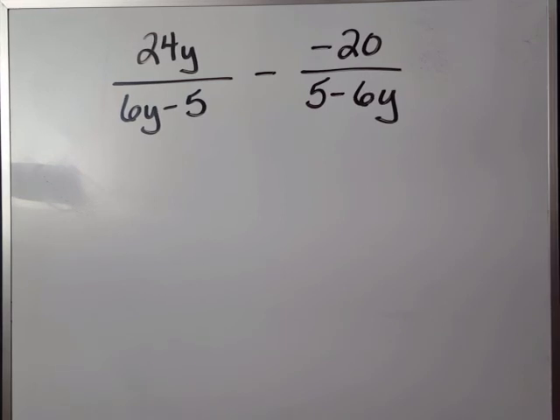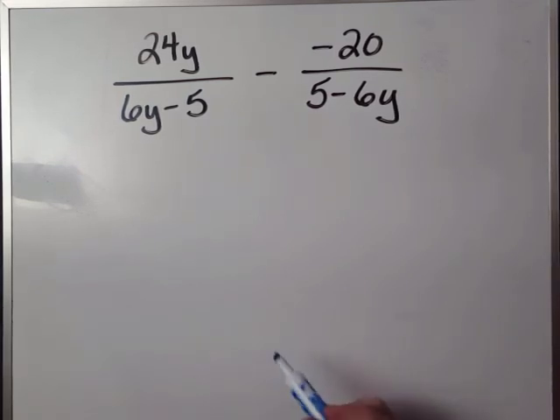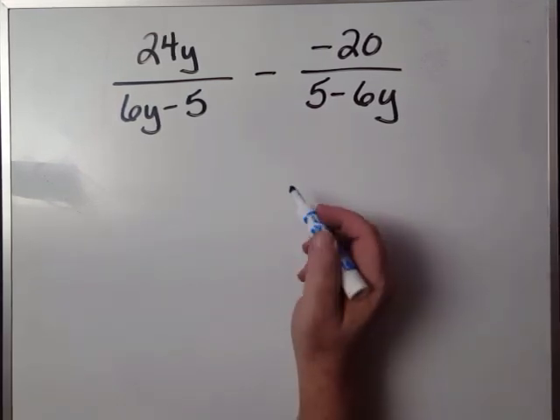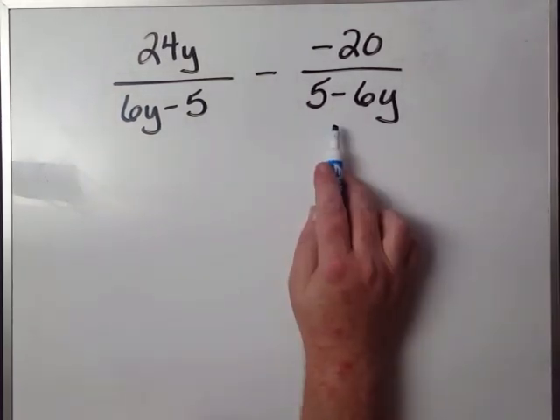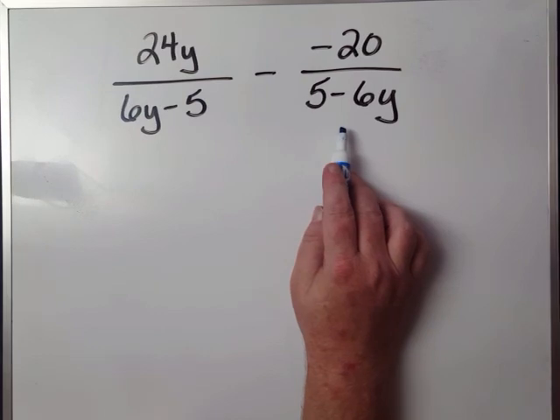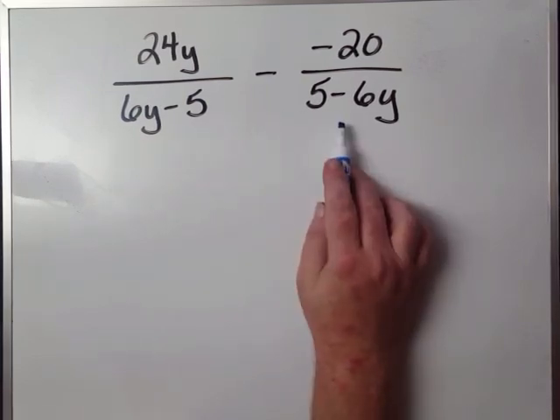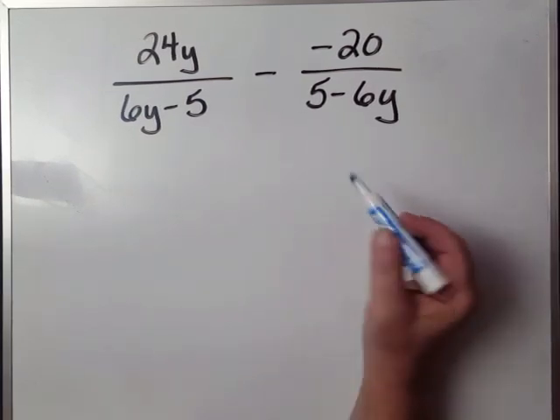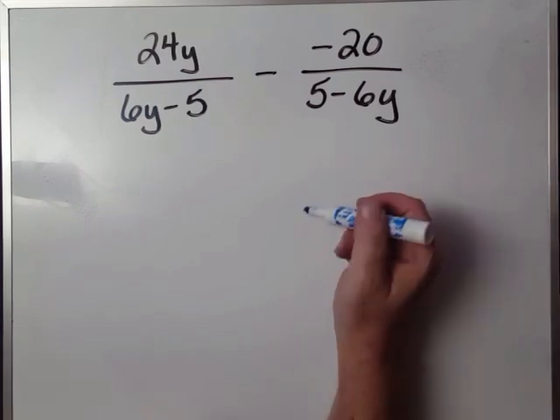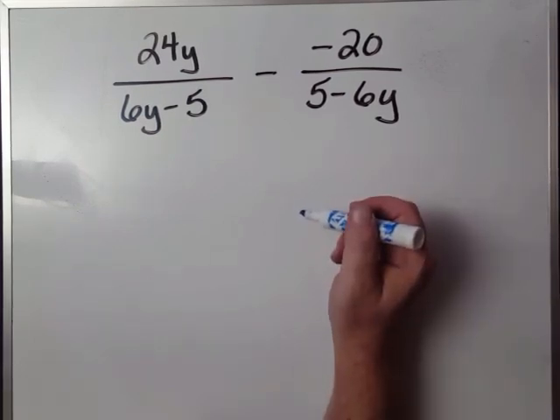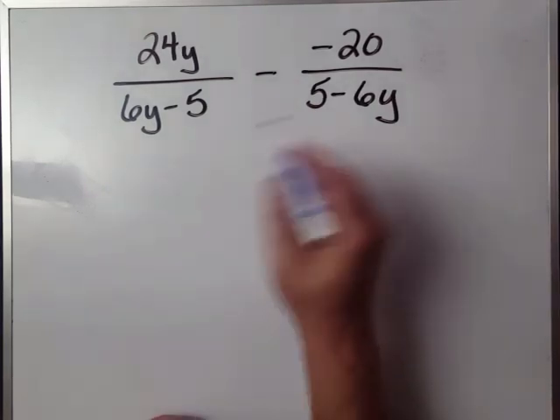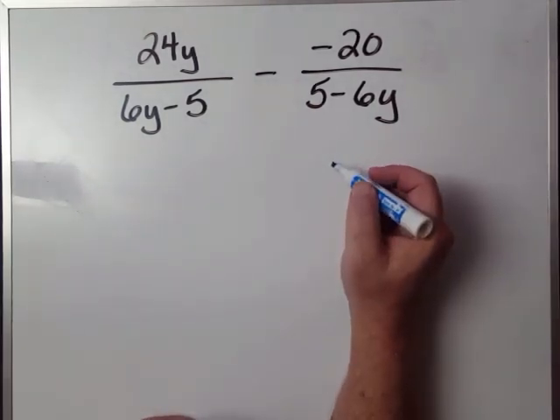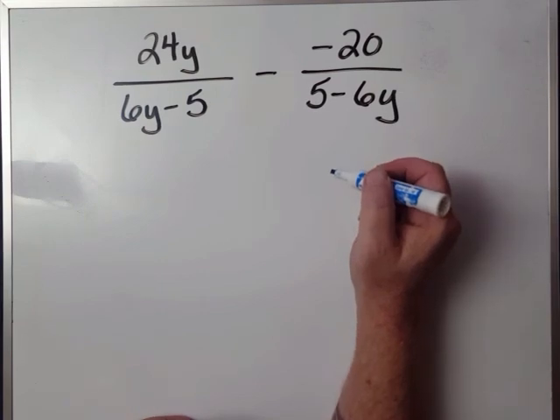I need to subtract these rational expressions. To subtract rational expressions or fractions, I need a common denominator, which I don't have yet. But I do notice that my two denominators are simply opposites. Let's change one of them to match the other. I'm going to affect the second denominator. You could do it either way, as I've shown you a few times already. But I'm going to work on the second denominator.